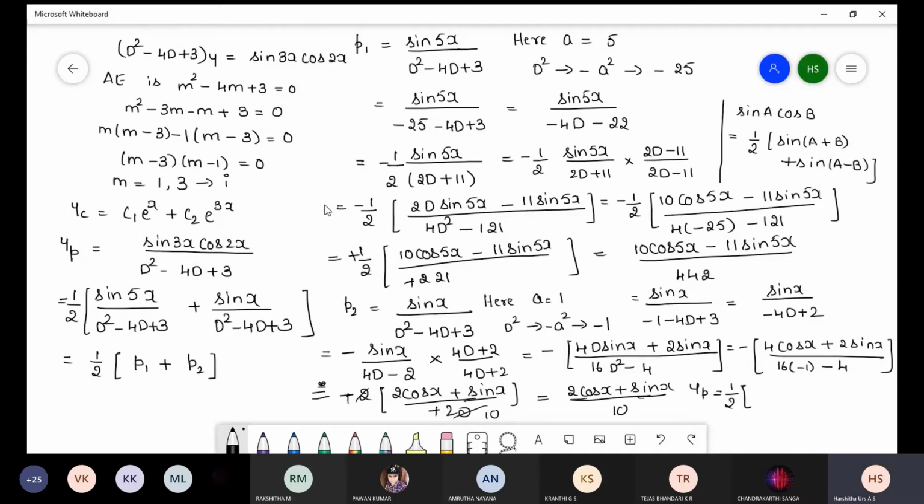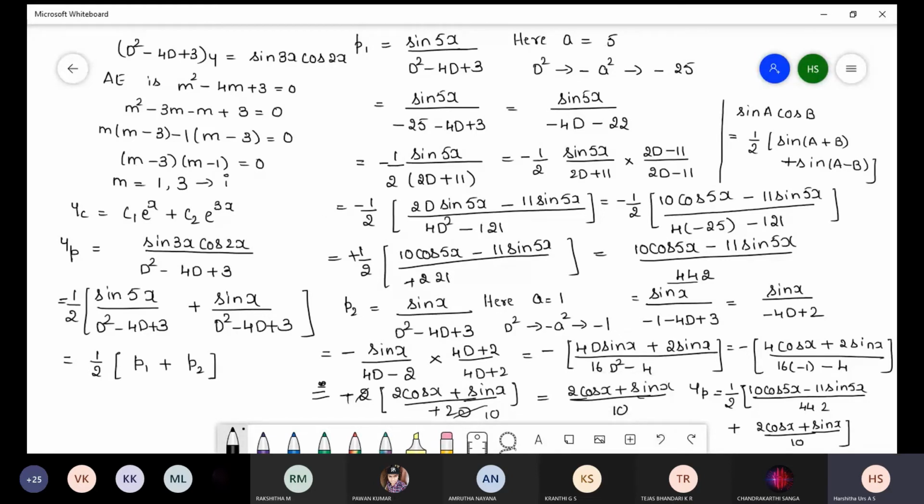What is our P1 value? So 10 cos 5x minus 11 sin 5x divided by 442 plus 2 cos x plus sin x divided by 10. This is the P2 value.